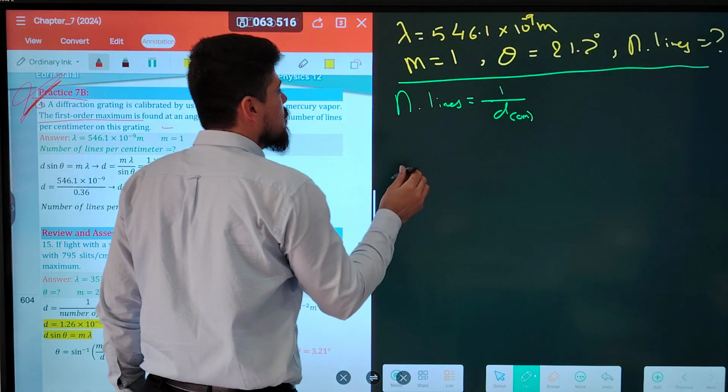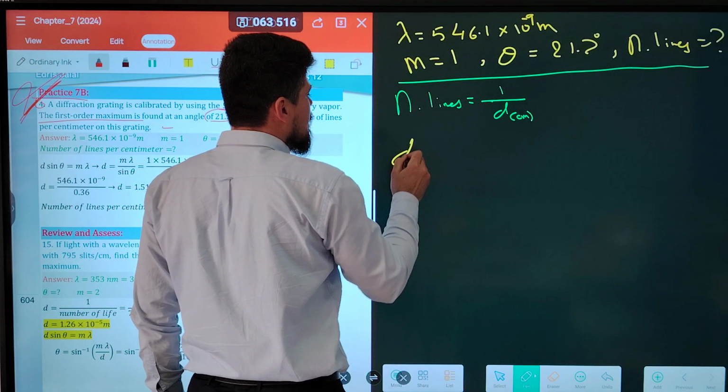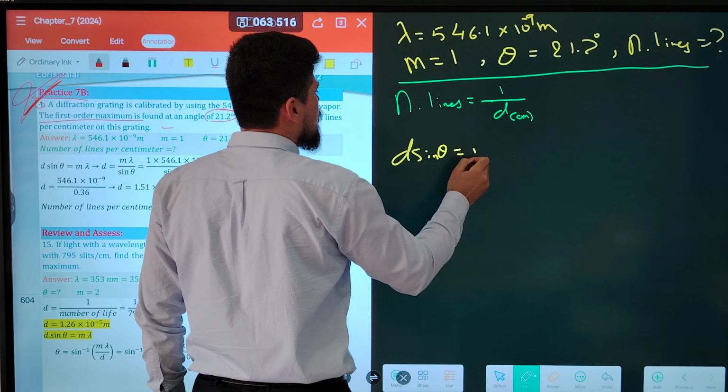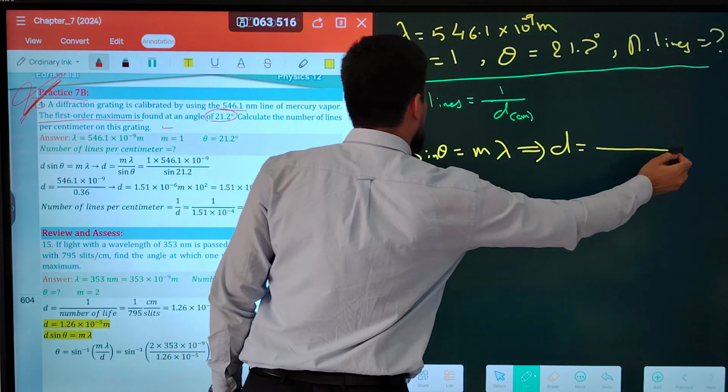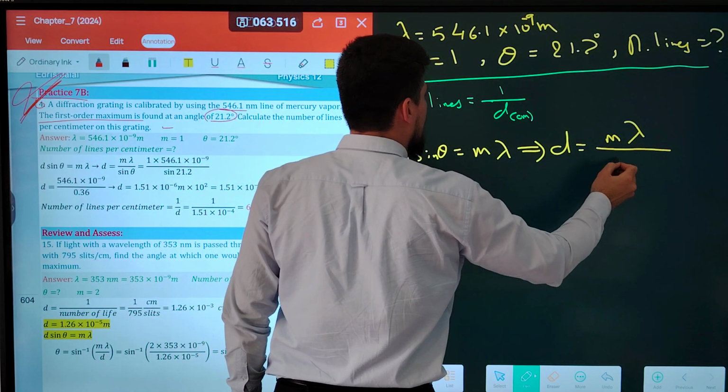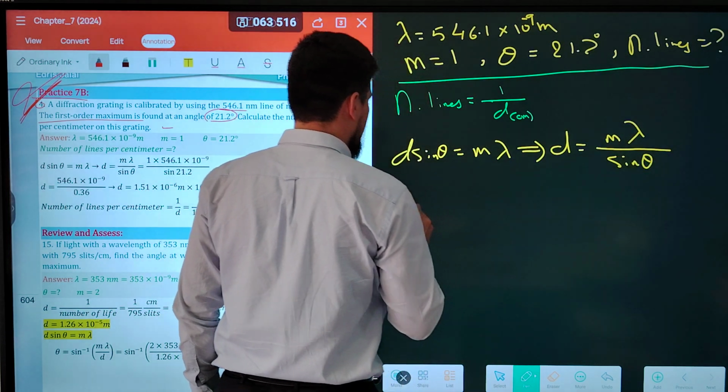Do we have d? No, we have to find d. d sine theta is equal to M lambda. d is equal to M lambda over sine theta.